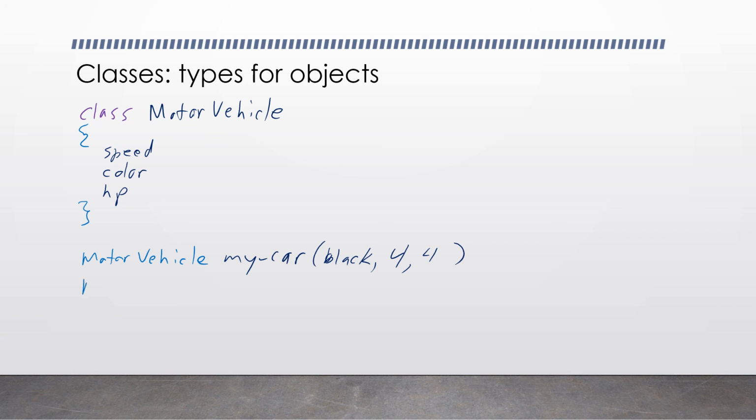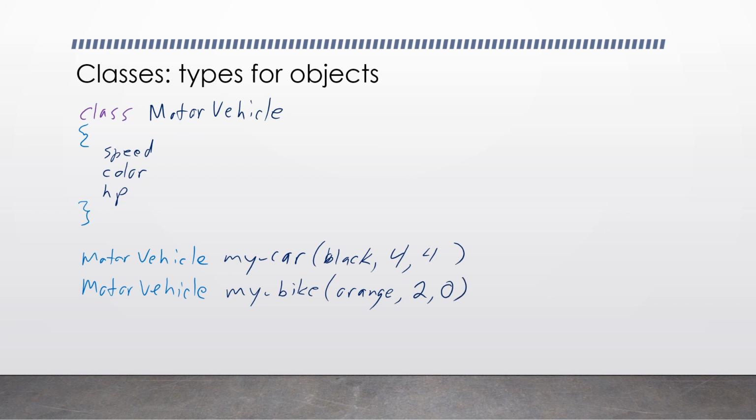We could do then another motor vehicle my bike for my motorcycle. It's orange is its accent color. It has 2 cylinders and it has 0 doors.